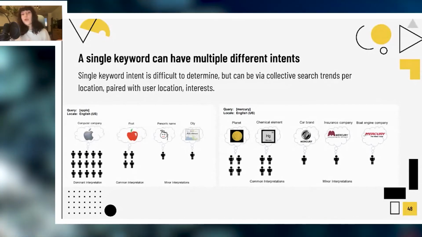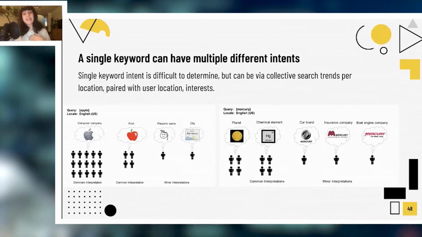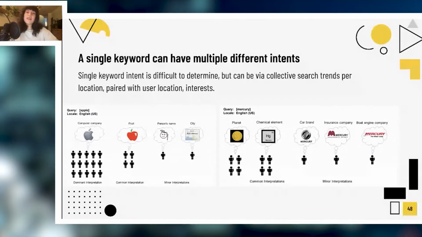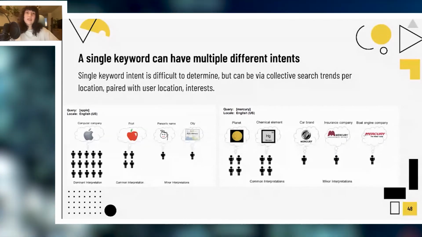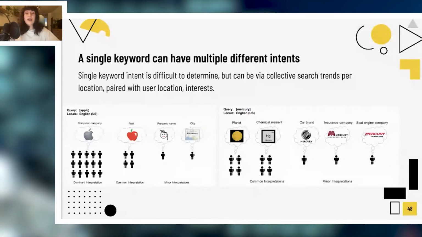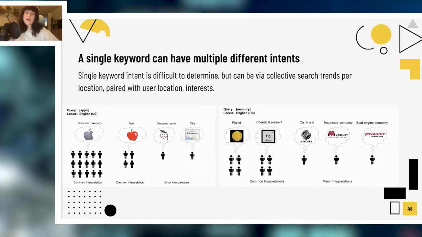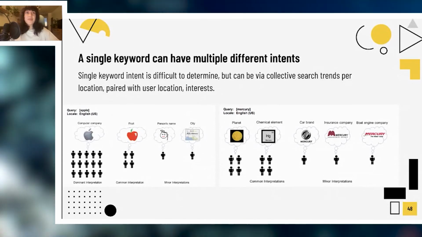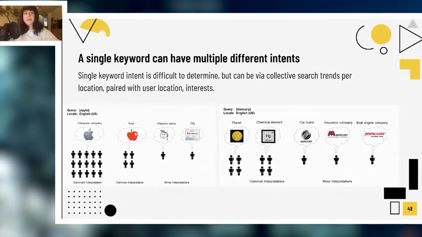The same goes for Mercury. It can be an insurance company, an engine company, a planet, a chemical element. That is why classifying the intent of just a single keyword is quite difficult. There's also the caveat that it could match the brand name, which could unnaturally inflate the search results that you're seeing.